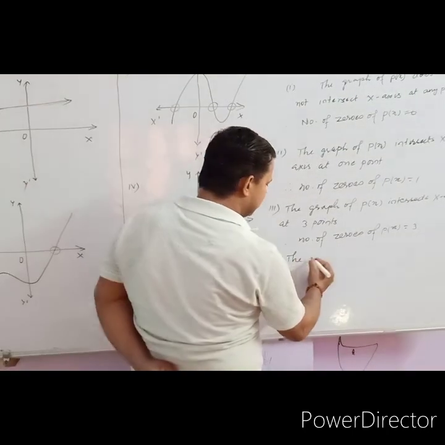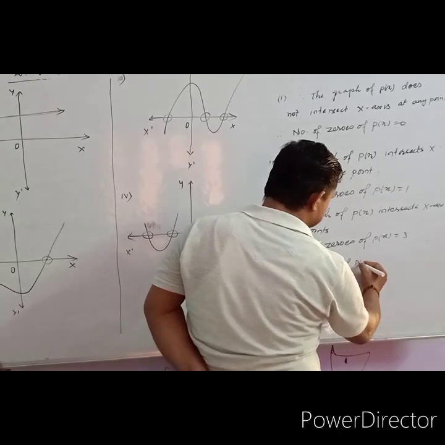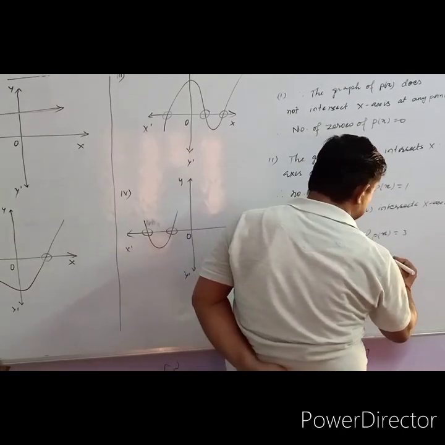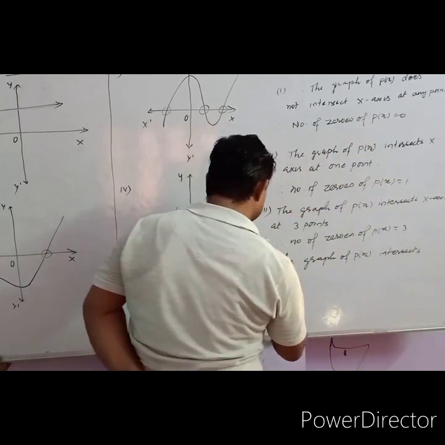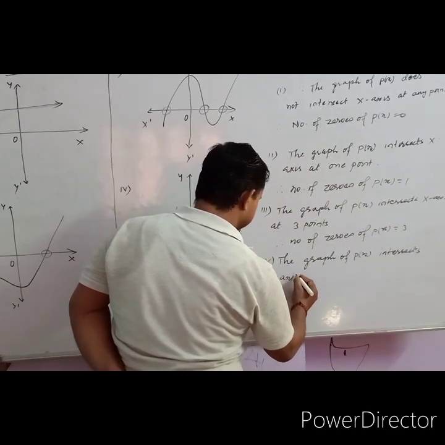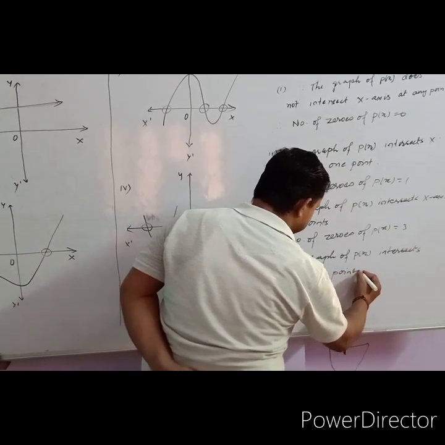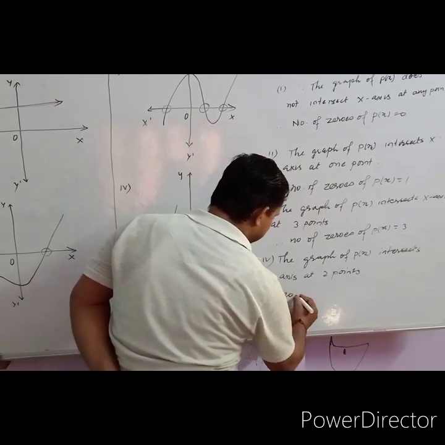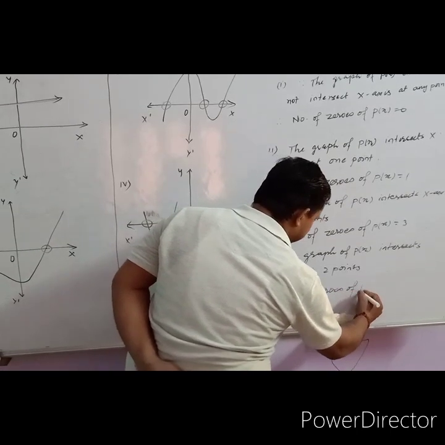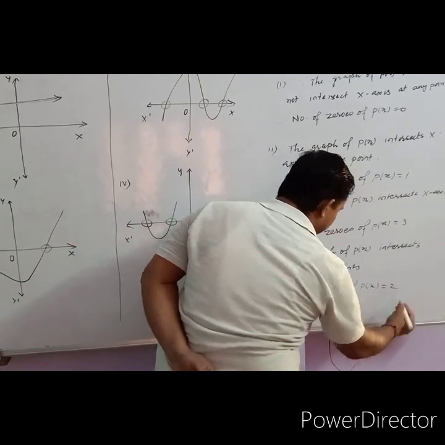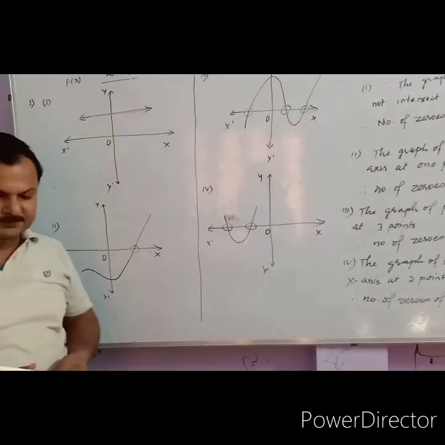The graph of p(x) intersects the x-axis at 2 points. Therefore, the number of zeros of p(x) is equal to 2. In this way, you can do questions 5 and 6.